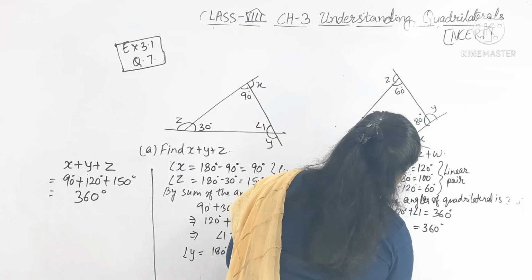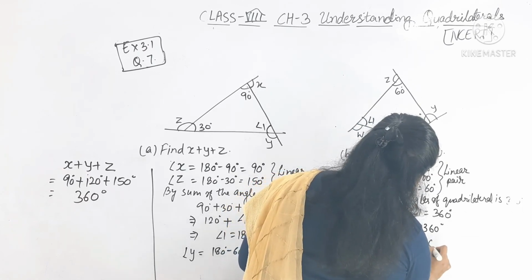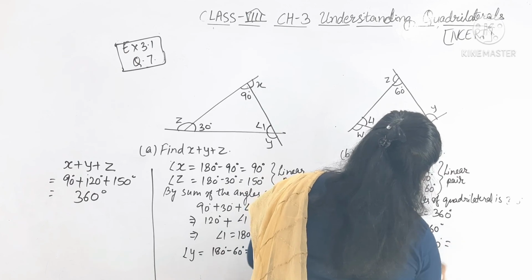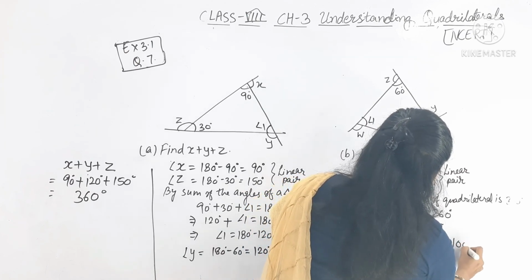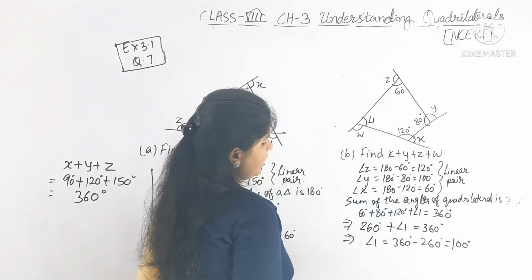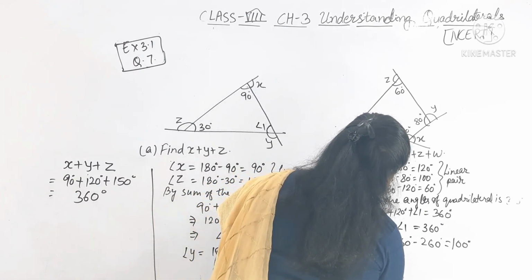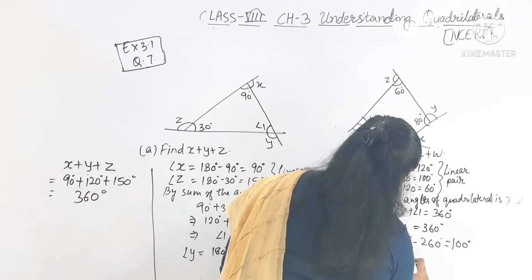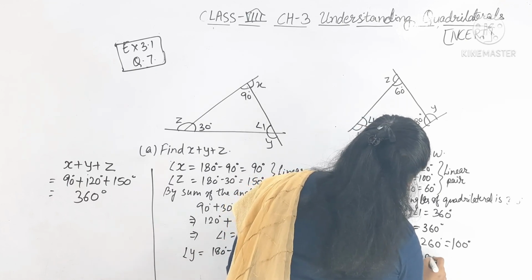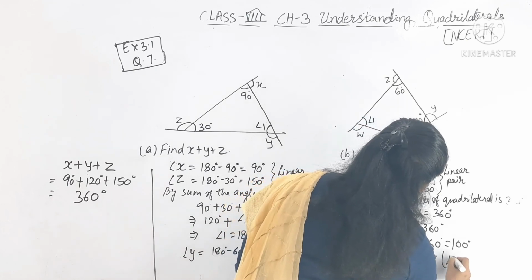So angle 1 is 360 minus 260 degrees equal to 100 degrees, right? So we have to calculate angle w, that is 180 minus 100 degrees equal to 80 degrees by linear pair.